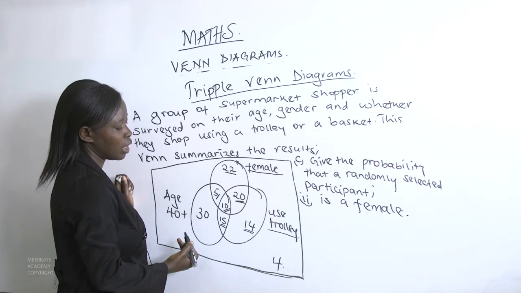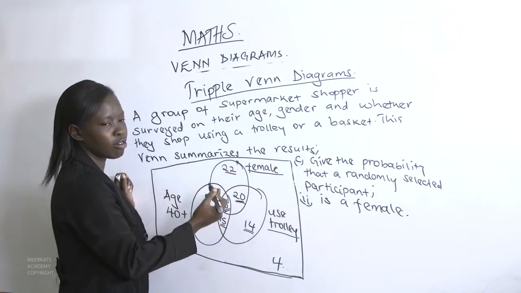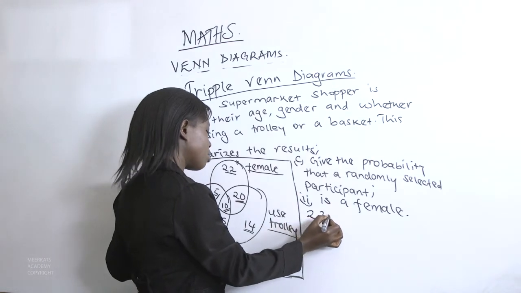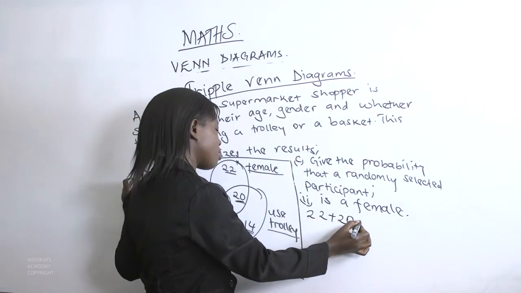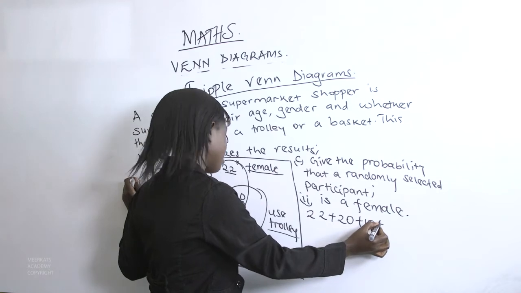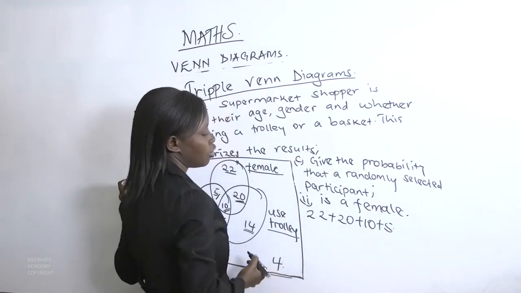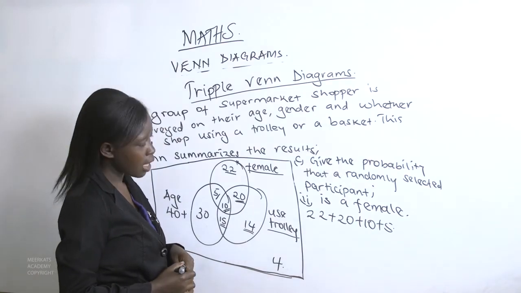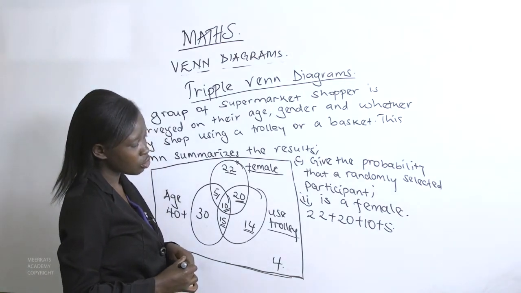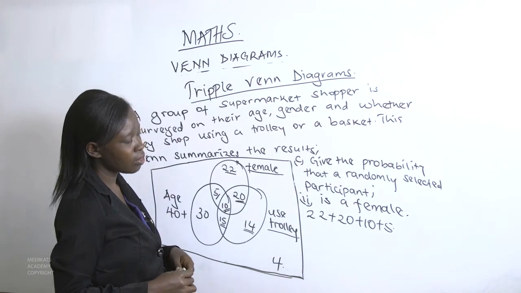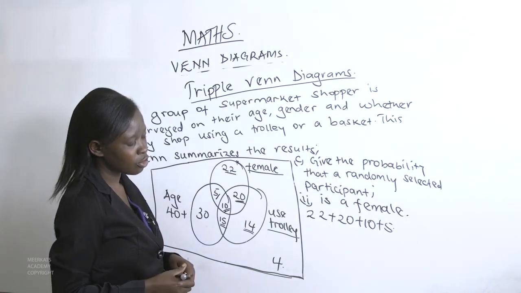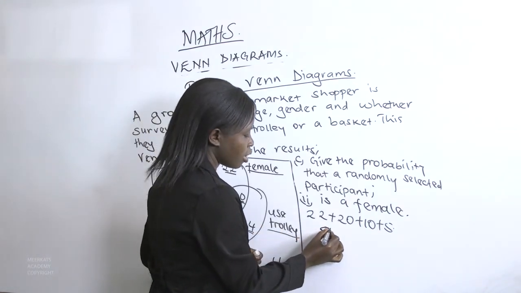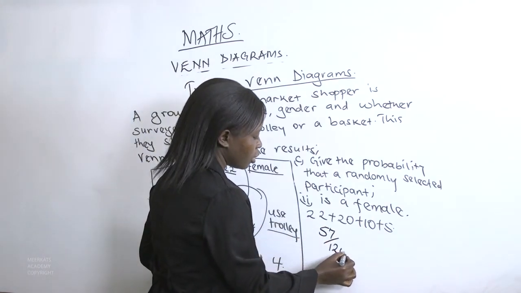So what does it mean? In total, how many female do we have in this given survey? We are having 22 plus 20 plus 10 plus 5. 22 plus 20 gives us 42. 42 plus 10 is 52. 52 plus 5 gives us 57 out of 120.